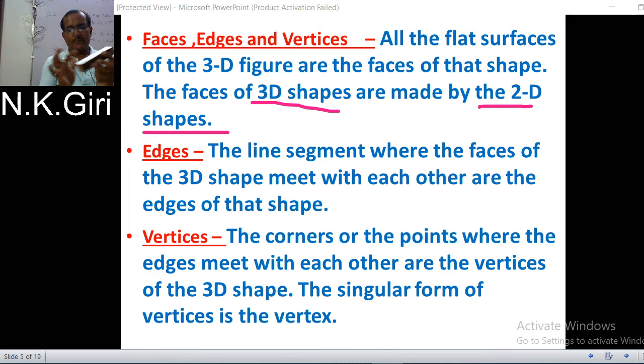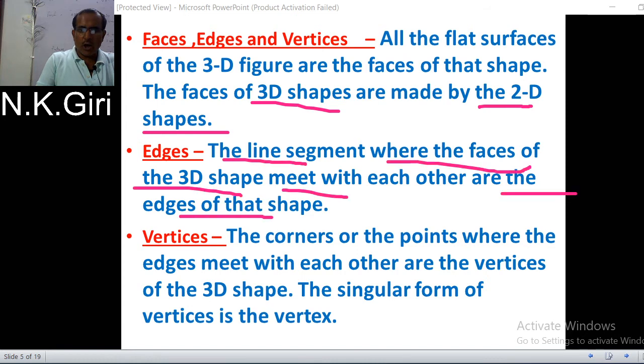These are the faces. Now we come on edges. The line segment where the faces of the three-dimensional shape meet each other are the edges of the shape.